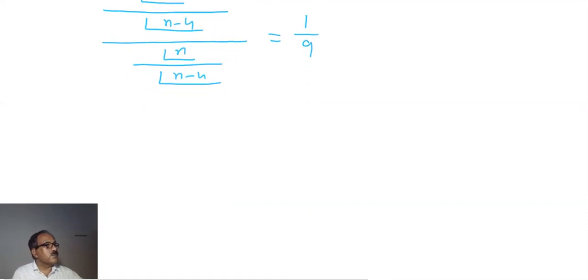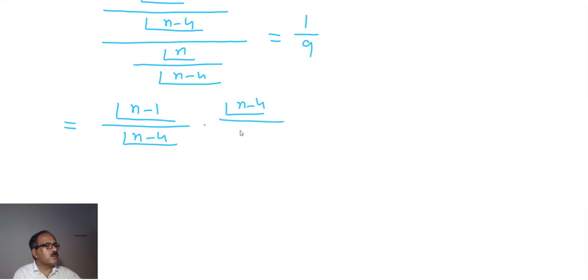Now these terms may be written as factorial n minus 1 upon factorial n minus 4, and this term factorial n minus 4 upon factorial n, that is 1 upon 9. Factorial n minus 4 and this factorial n minus 4 will be divided. Then you have only factorial n minus 1 upon factorial n is equal to 1 upon 9.